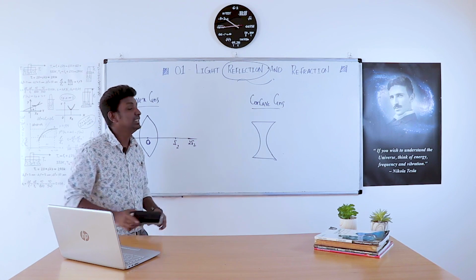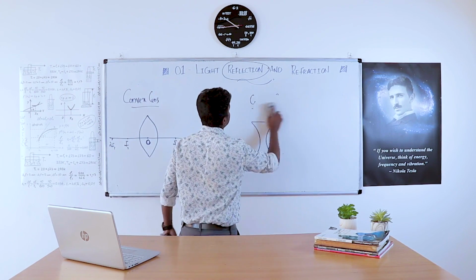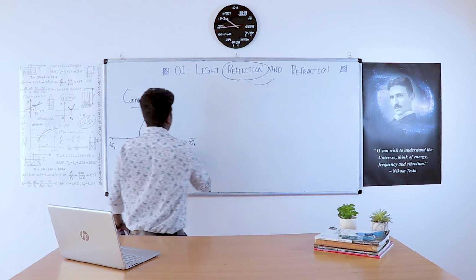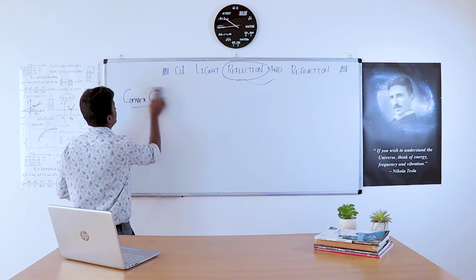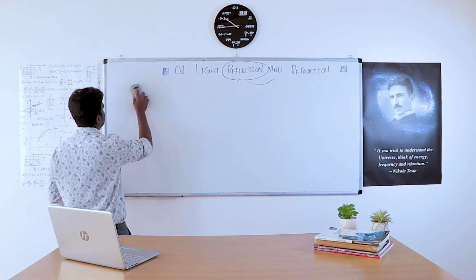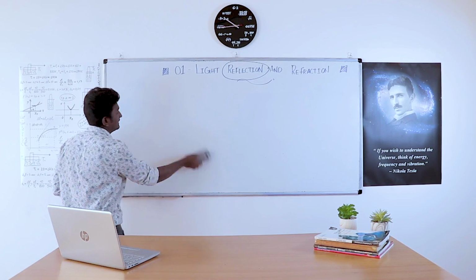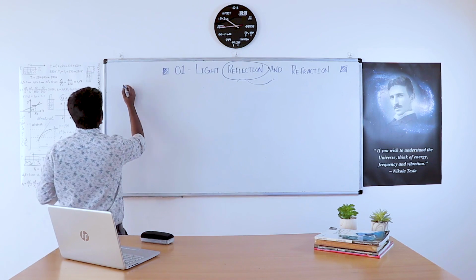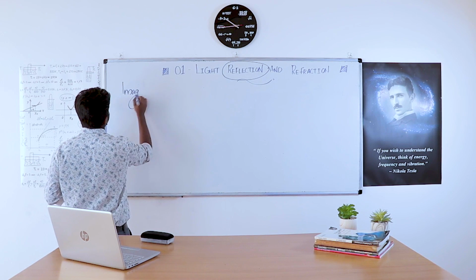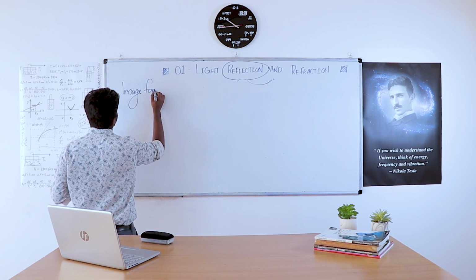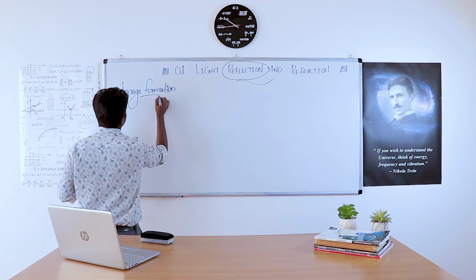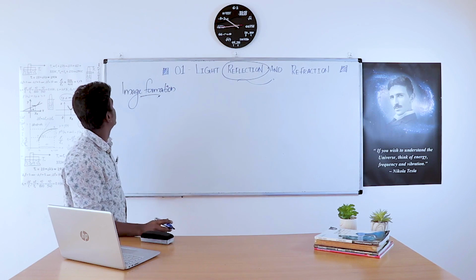So concave lens is simply known as diverging lens. Now we need to study the image formation of these two types of lens.